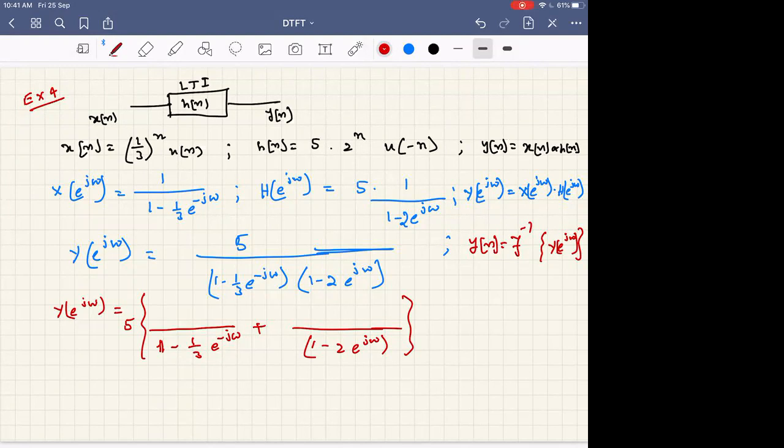In fact, I think I made it a little complicated with this e power j omega. You can take e power minus j omega as z and then take the inverse. You can multiply and divide here with e power minus j omega, so that it actually comes like this.